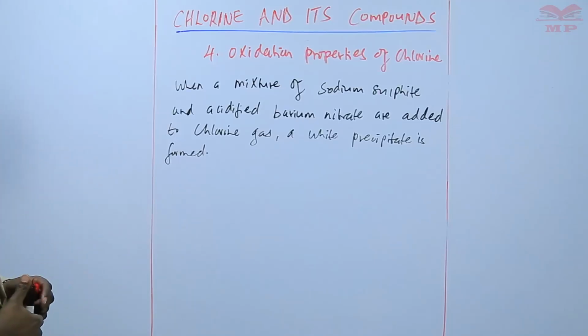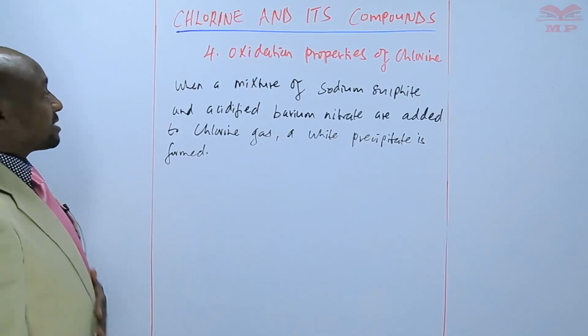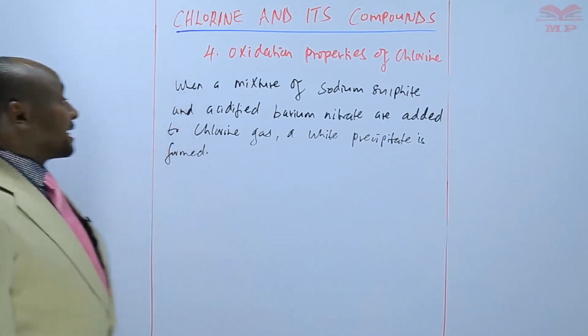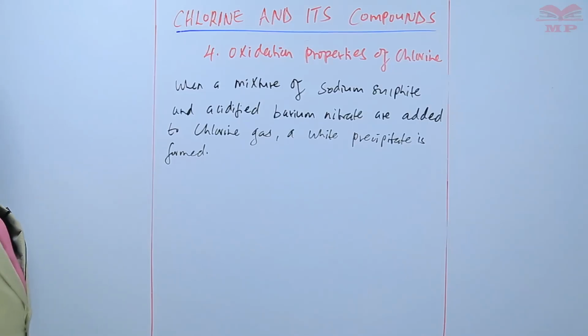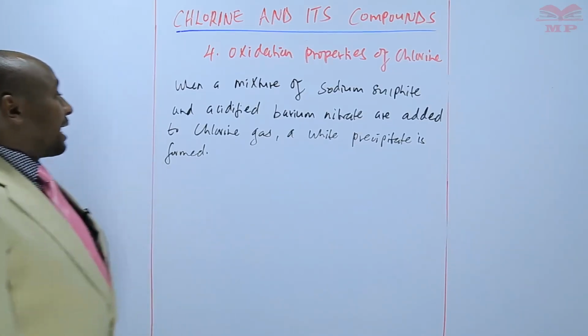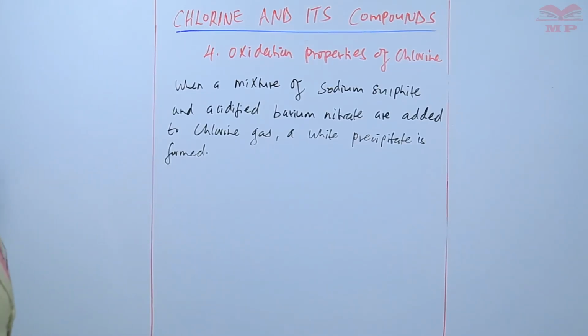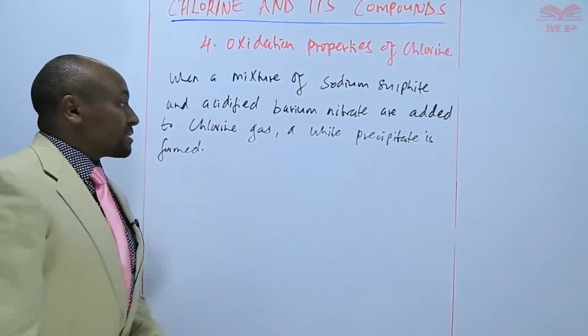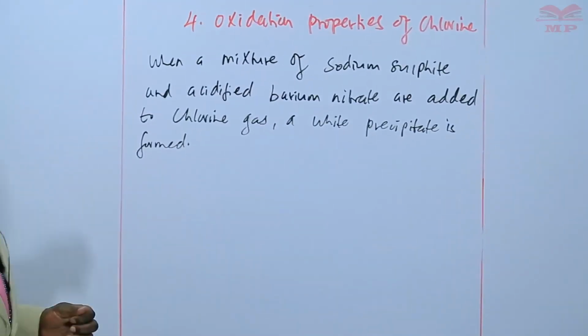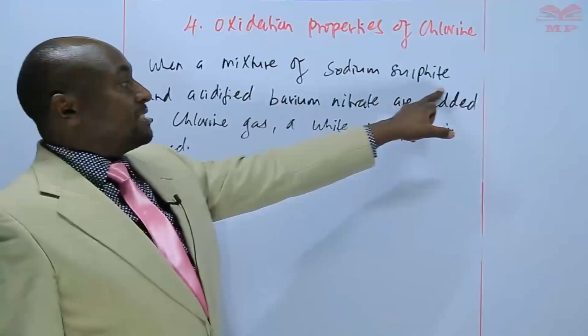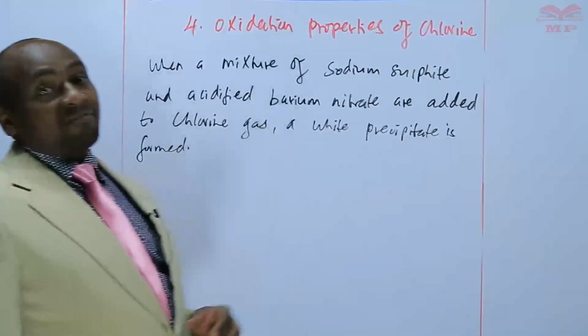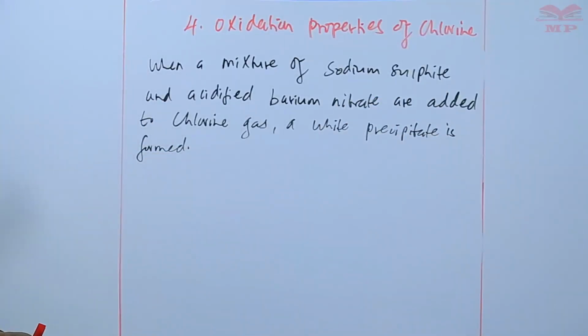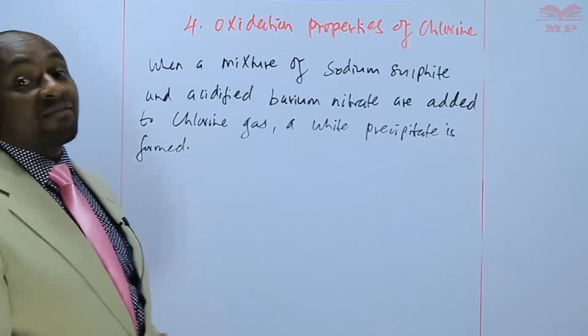So in this case, we have an example whereby a mixture of sodium sulfite and acidified barium nitrate are added to chlorine gas. A white precipitate is formed. So what happens here is that the sulfite in the sodium sulfite is the one that is oxidized to a sulfate.